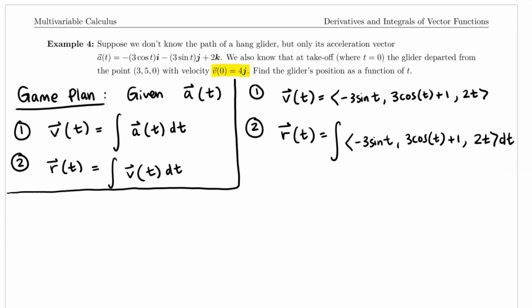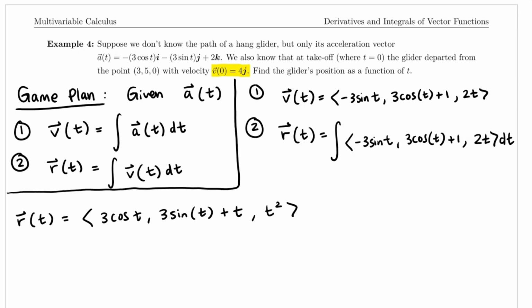All right, so now we are at item number 2 in our game plan. We want to find the position function by integrating our velocity function. So I'm going to go ahead and integrate each component here, and doing so will give us 3 cosine of t, 3 sine of t, and then I need to integrate the 1, so that's plus t, and then t squared.